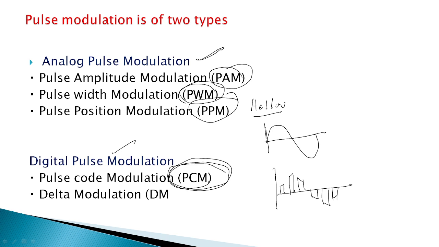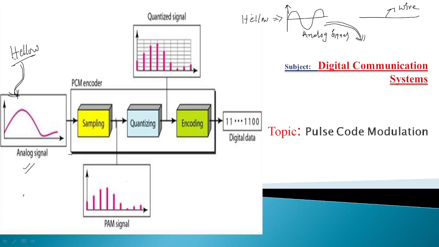This is the sampling output, the PAM, pulse amplitude modulated signal. After sampling, we get the pulse amplitude modulated signal.